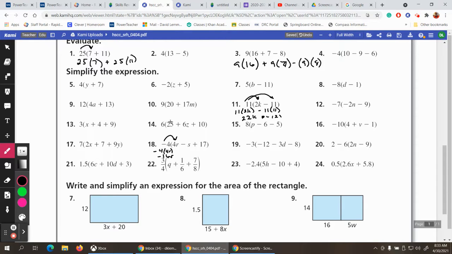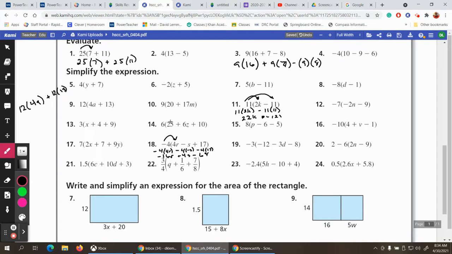Negative 4 times negative s is going to be a positive 4s. Negative 4 times 17 is going to be a negative 68. So that's all they want you to do, right, is to be able to say 12 times 4a plus 12 times 13, and then simplify it, right?